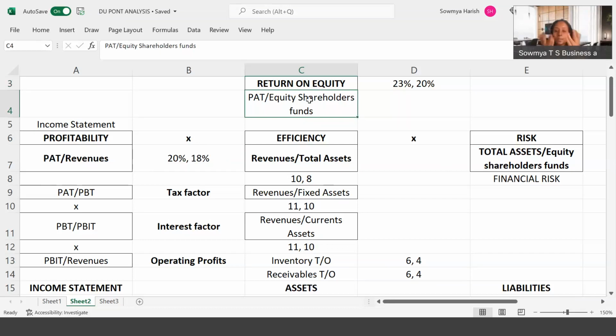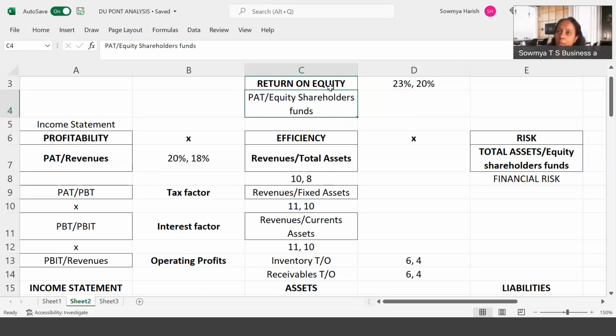So I think you all have now visualized how return on equity covers the entire statements in the annual report. It takes into account each and every element from the P&L account and also from the balance sheet. So this one ratio covers the entire financial statement of any organization.